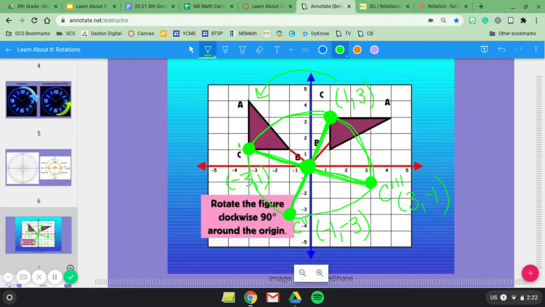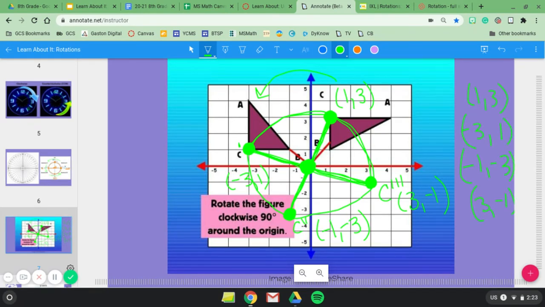So I want you to notice what happened to the coordinates when we went through this rotation for point C. It started at 1, 3. 90 degrees counterclockwise took it to -3, 1. 180 degrees took it to -1, -3. And 270 degrees took it to 3, -1.